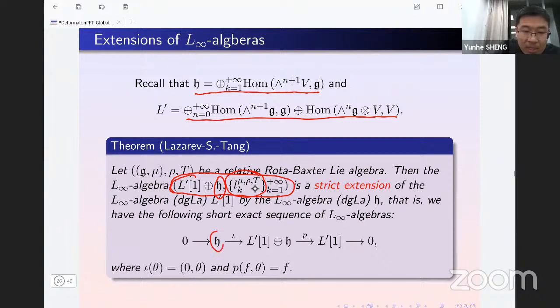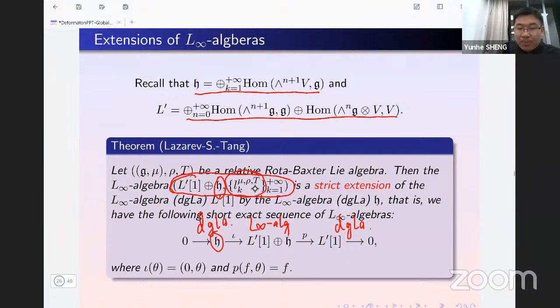Consequently, on L prime 1 there is a quotient algebra structure, which is still a differential graded Lie algebra structure. But in the middle, it is an L infinity algebra. So this twisted L infinity algebra is a strict extension of the DGLA L prime 1 by the DGLA H.